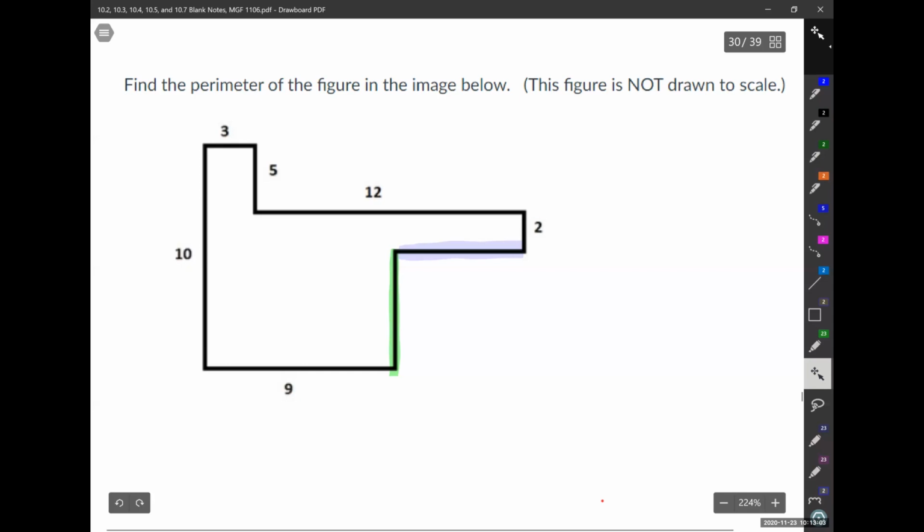So the total horizontal distance is 15, 3 plus 12. And what makes up the horizontal distance on the other side of the figure is this 9 and this unknown. So together, the 9 and the unknown have to be equal to 15, the 12 and the 3. We could subtract 9 from both sides, and we get the unknown must be 6.